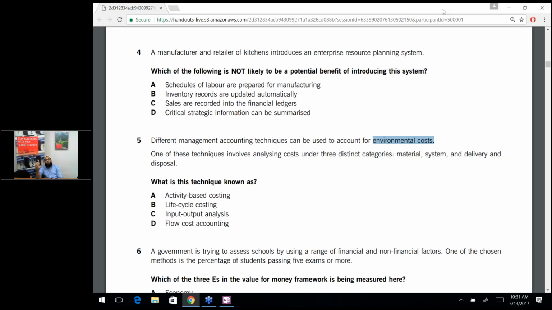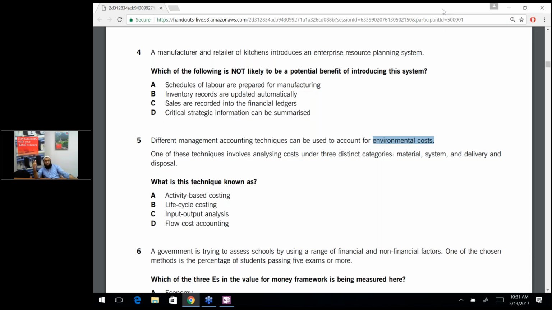For example, utilities, which include electricity bills and water consumption bills. This is an environmental cost. Sir, why is that? Because, my friends, if the company is using too much electricity or water, this is creating harm for society. So this is an environmental cost. More bill, more environmental cost.